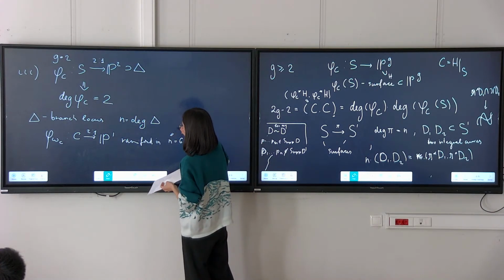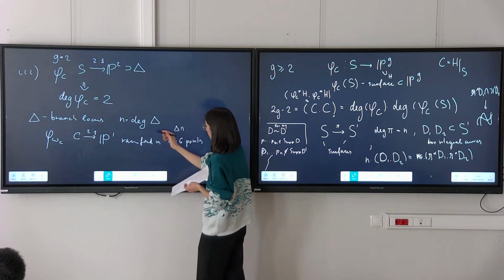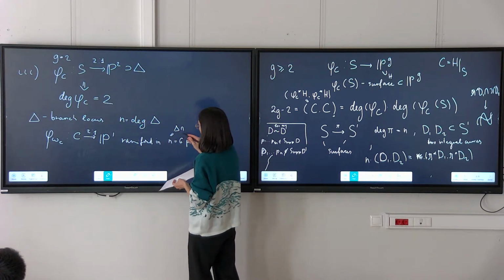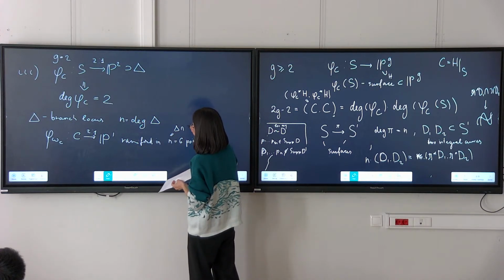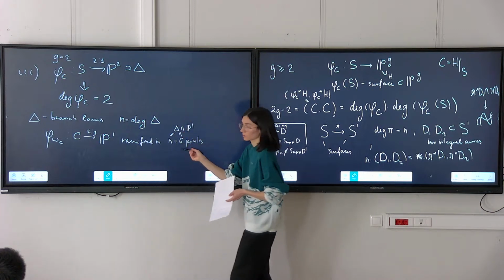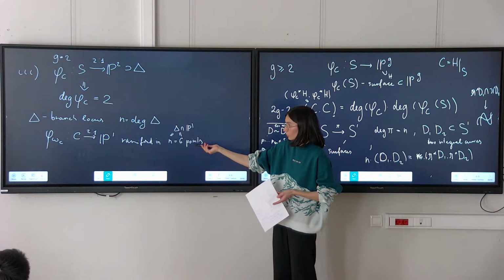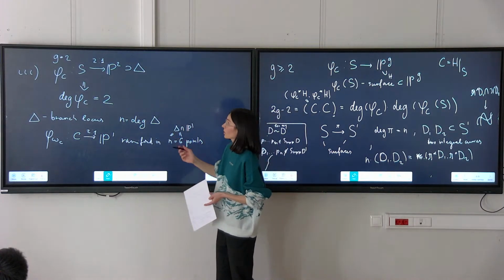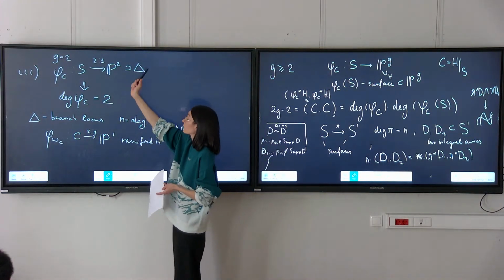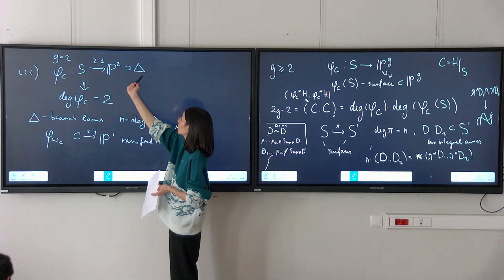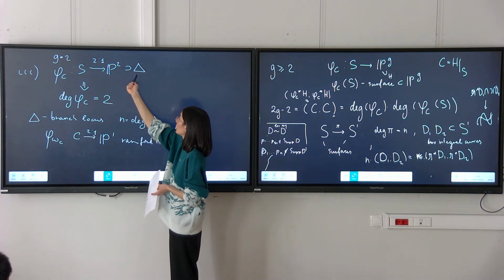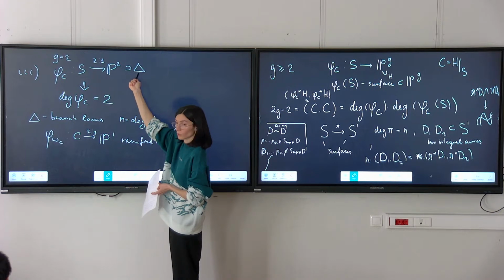So n is the intersection of the ramification curve with the corresponding P1, and this is equal to 6, just from the Hurwitz formula. So we obtain the statement that this is a double covering of P2 ramified in a sextic curve.